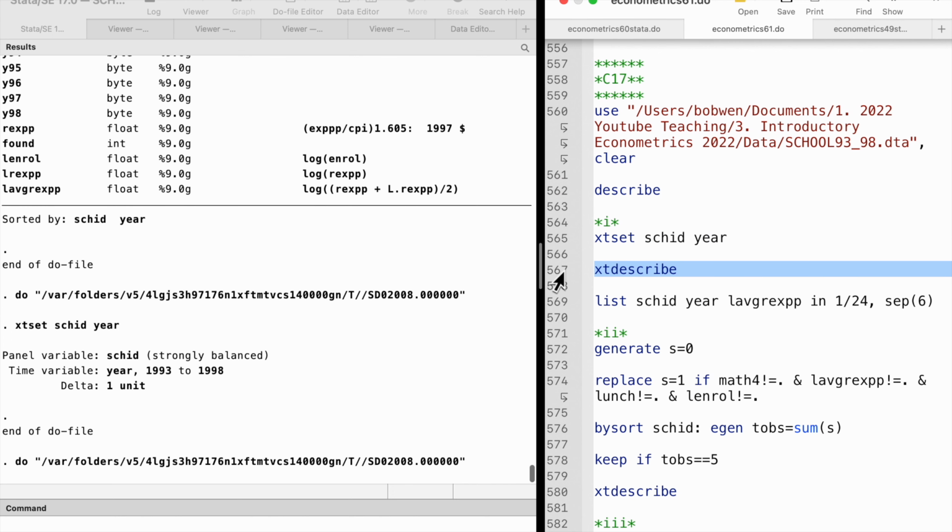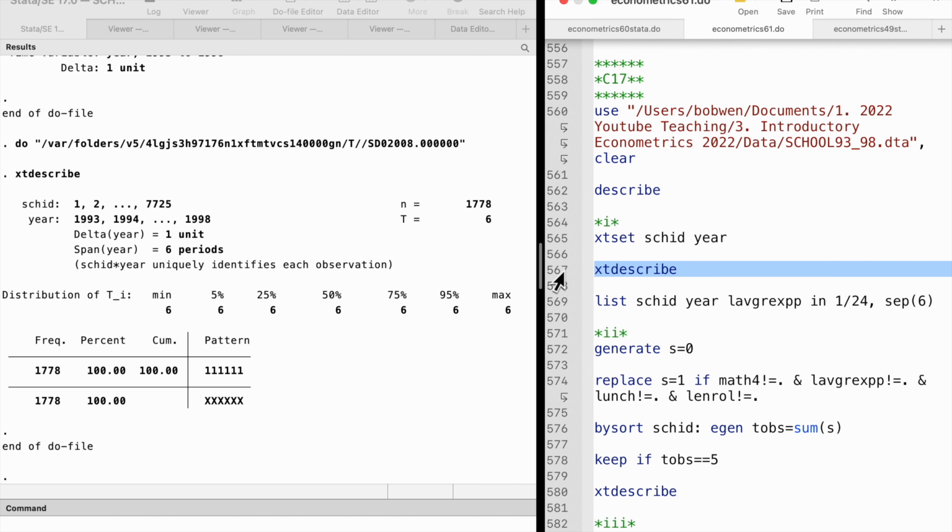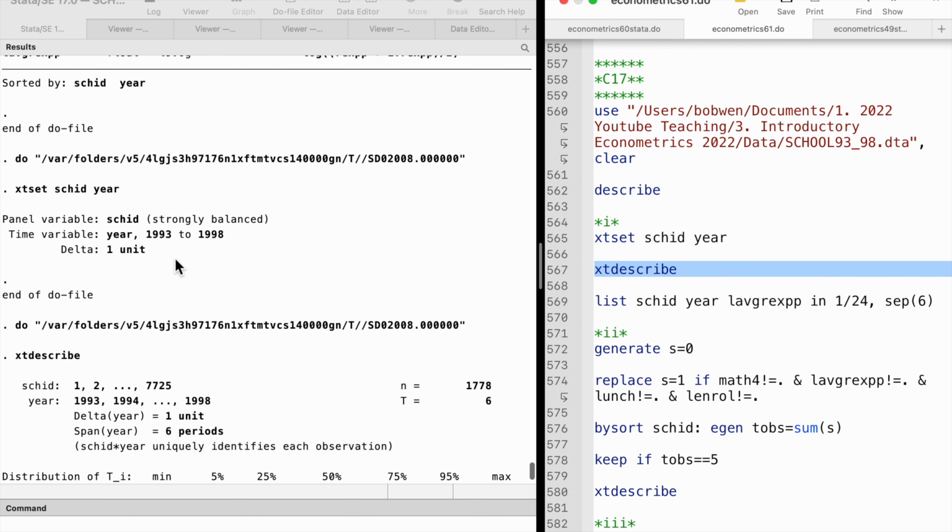We can use the xtdescribe command to get the information of the dataset. There were 1,778 cross-sections. That is 1,778 schools. When we xtset the dataset, we find that it is a strongly balanced panel data, meaning that each school has a record for each of the 6 years.